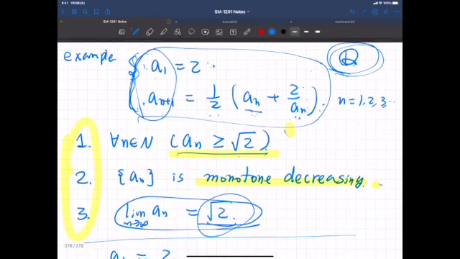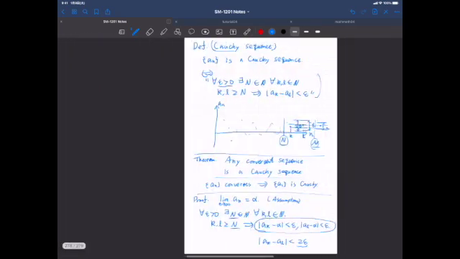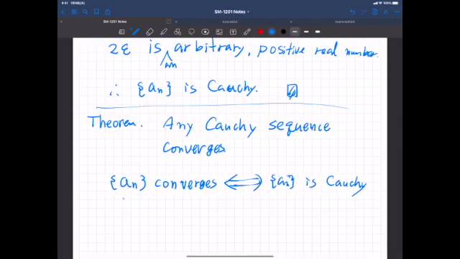So as long as you consider only rational numbers, the converse of that theorem may fail: a Cauchy sequence may not be a convergent sequence. This theorem is true only if we consider the set of real numbers. In fact, real numbers can be defined in this way: every Cauchy sequence converges within that set, and that set is defined to be the set of real numbers.